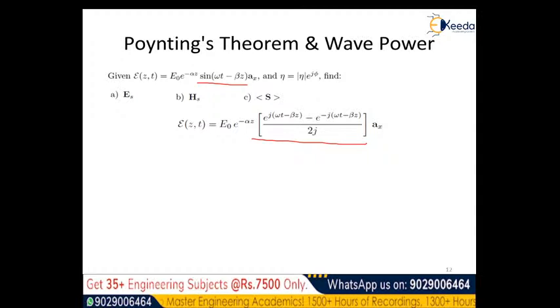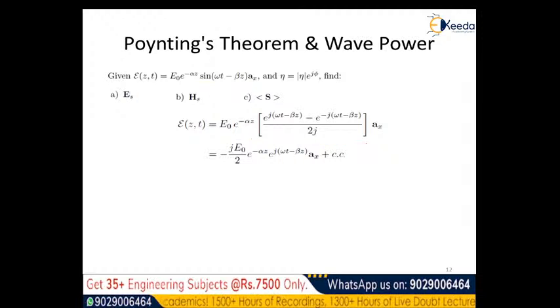The next type of representation for the given form will be minus j times capital E0 divided by 2, multiplied by e to the power minus alpha z, further multiplied by e to the power minus j of omega t minus beta z ax, which is added to its complex conjugate. Therefore the phasor form for the electric wave will be capital ES, a function of z, equal to minus j E0 into e to the power minus alpha z, the attenuation constant alpha, into e to the power minus j beta z, phase shift constant beta.